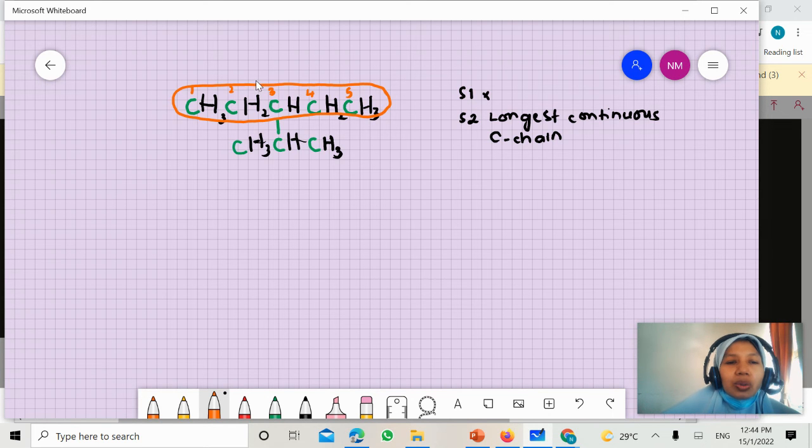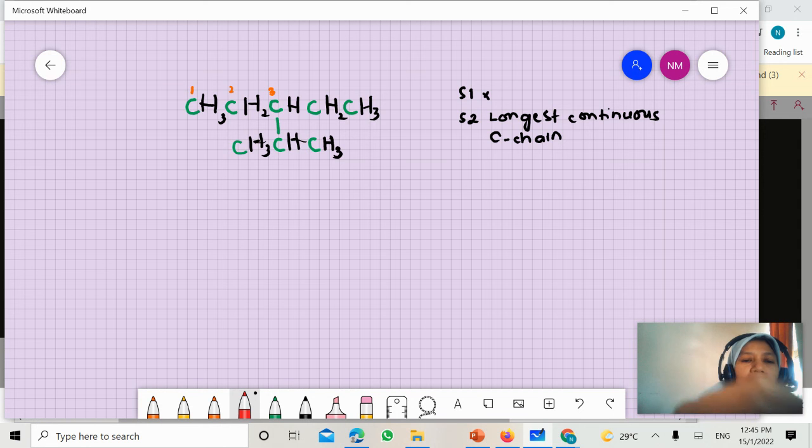Okay, so let's refer to the bent chain, the one in red just now. If I use this as my parent chain, either to the right or to the left, same thing. Sama je. Either way is fine, no problem.